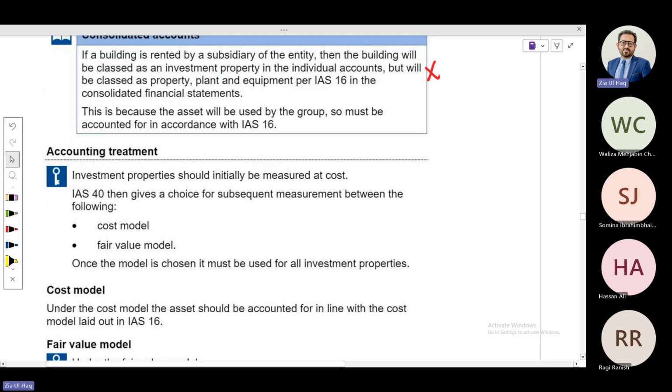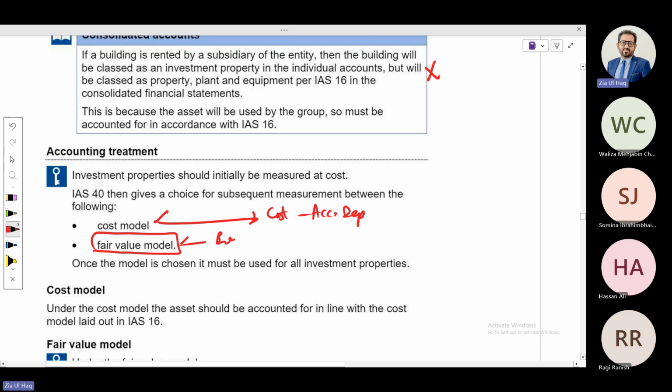As for the other assets, investment property can also be recorded either on cost model or fair value model. If we are recording on cost model, how can we record it? Cost less accumulated depreciation, like other assets. But if we are recording on fair value model, what is meant by fair value model?